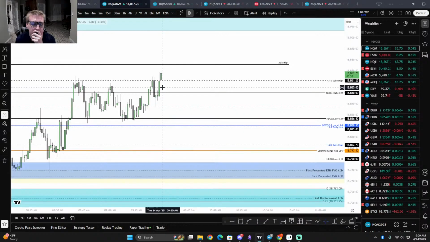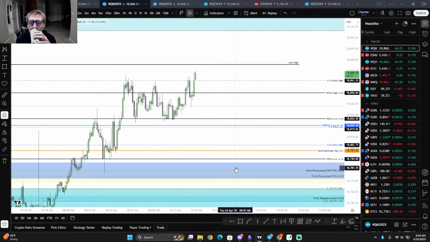Create a little balanced price range here. It should be respected. We should displace, but 9:30 can do anything. We can wick up here, then trade back lower.